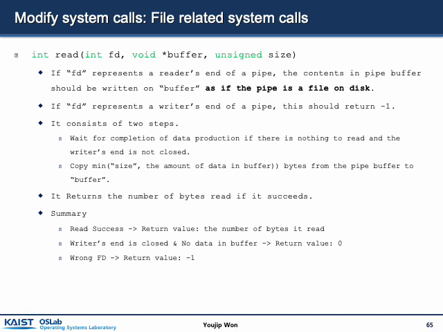This system call consists of two steps. First is waiting for completion of data production if there is nothing to read and the writer's end is not closed. Second is copying the minimum bytes from the pipe buffer to the buffer. Your read system call returns the number of bytes read if it succeeds.